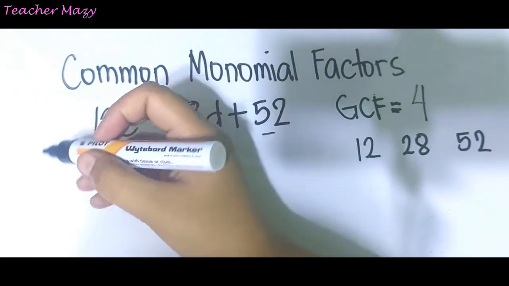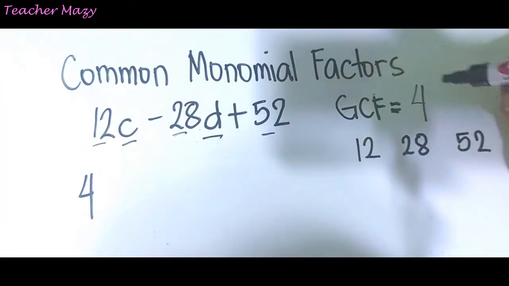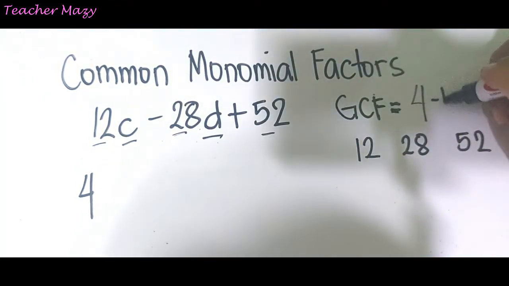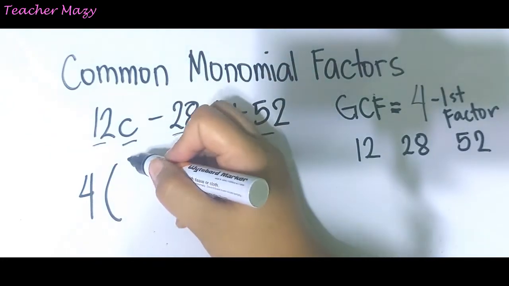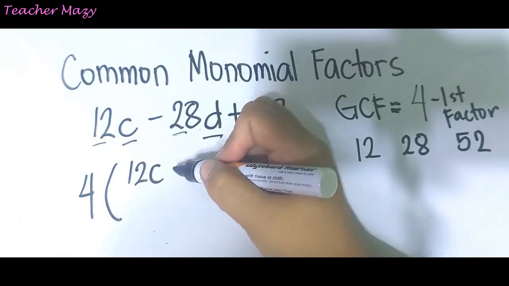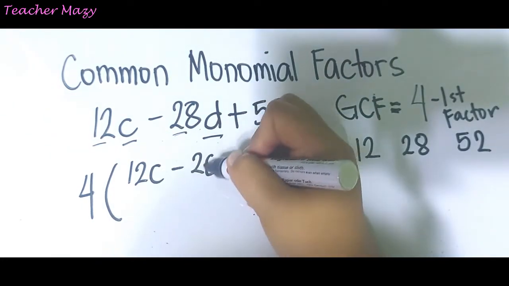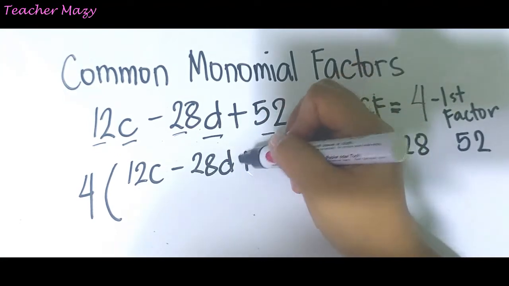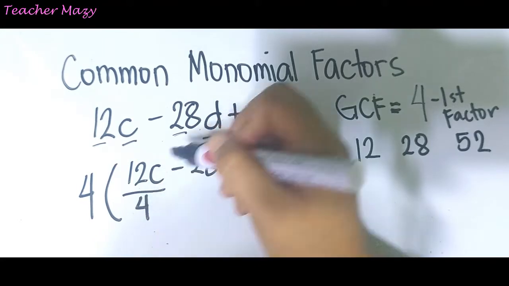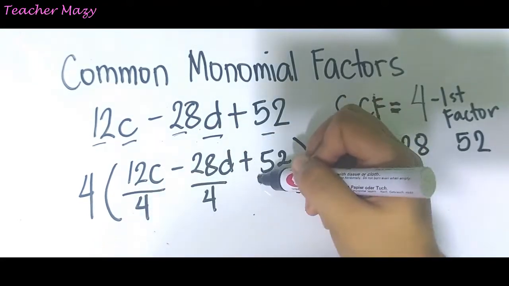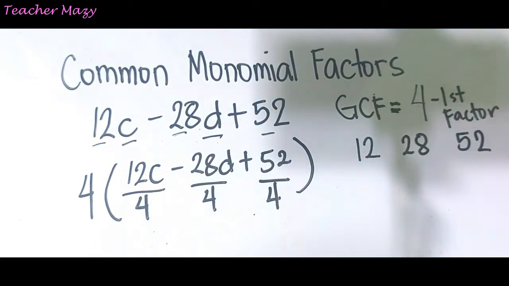Next step: we have our first factor here, which is 4, our GCF, and then let's divide each term using it: divided by 4, 4, and 4.